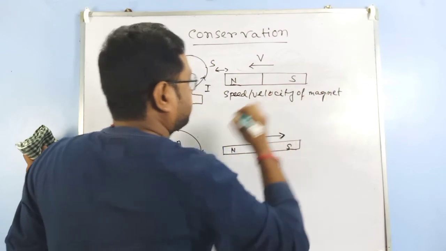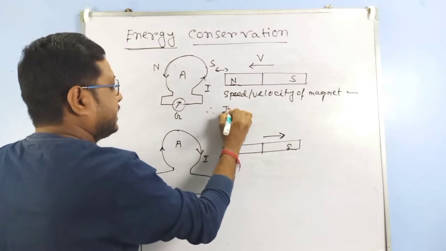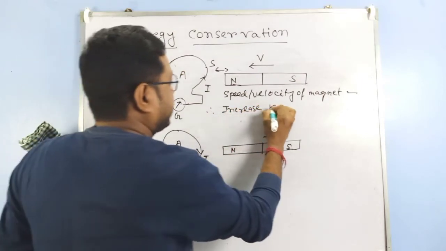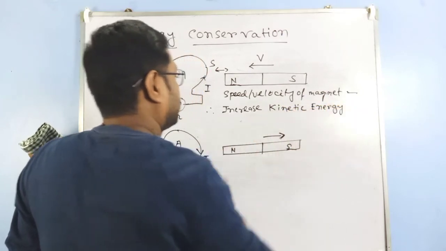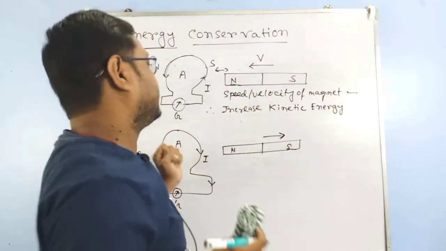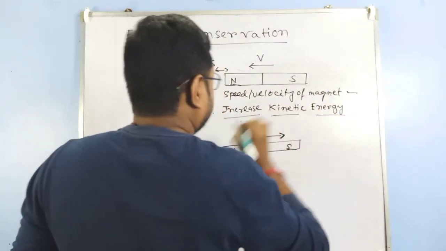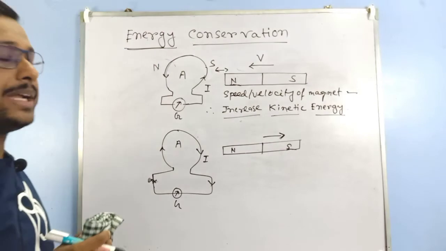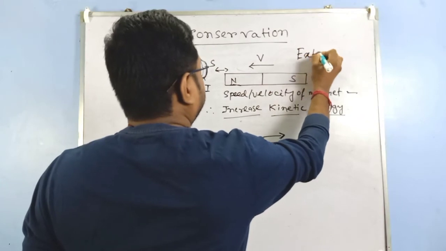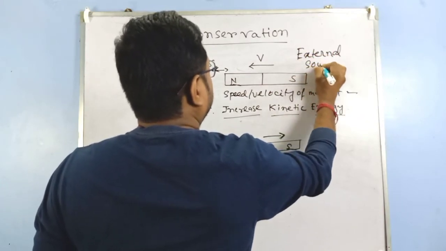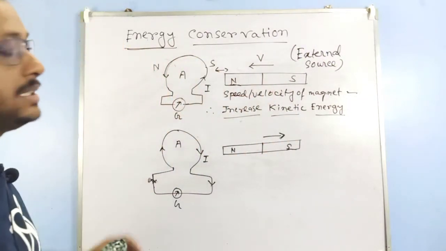We know that opposite poles attract each other. Therefore, if velocity increases, then kinetic energy also increases, half mv square we know. So, if kinetic energy increases, it will be a violation of energy conservation, because here no external source is present to convert the kinetic energy into electric energy.